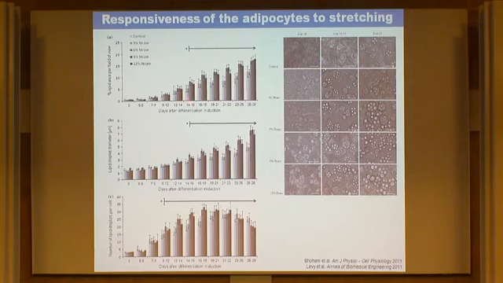That difference appears at about 3 weeks after the cells started to differentiate, where you see that the cells that have been subjected to large deformations start accelerating their adipogenesis substantially, I would say even 50% more.